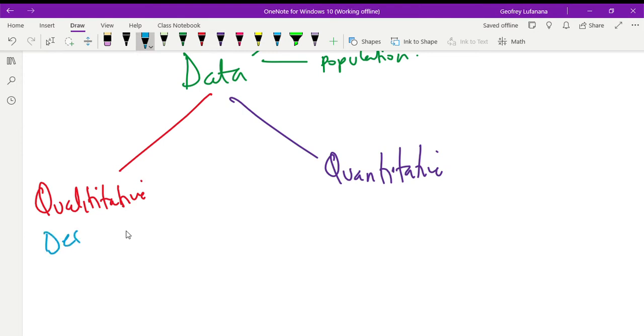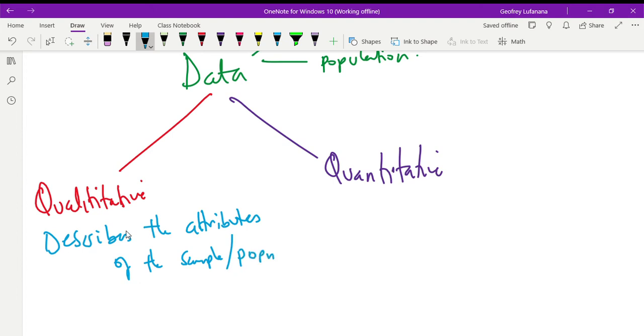Now, qualitative data is the data that is used to describe. This one basically describes the attributes or the characteristics of the sample or population. Qualitative data is also referred to as categorical data. Why categorical? Because it puts the population in categories.